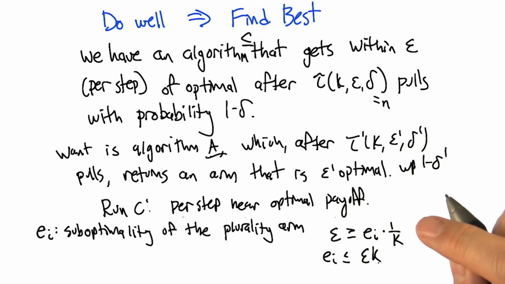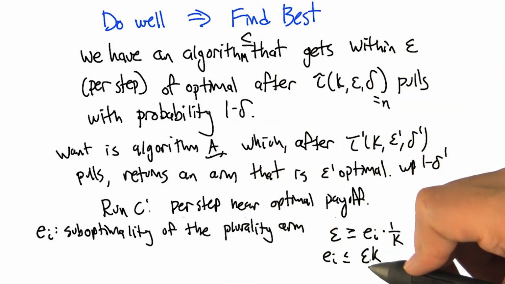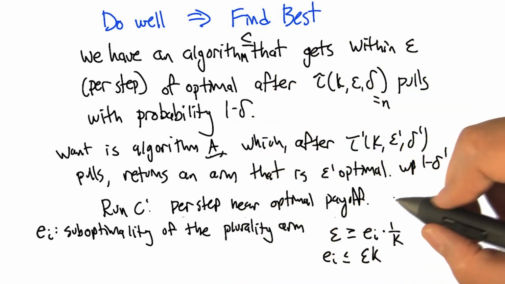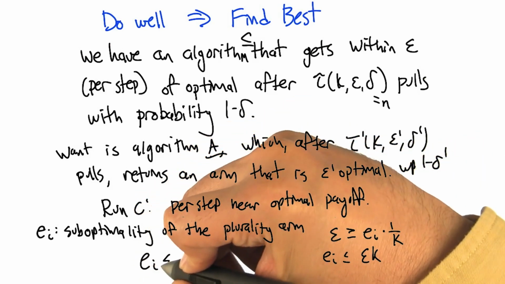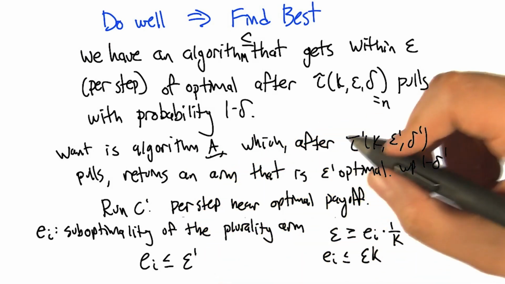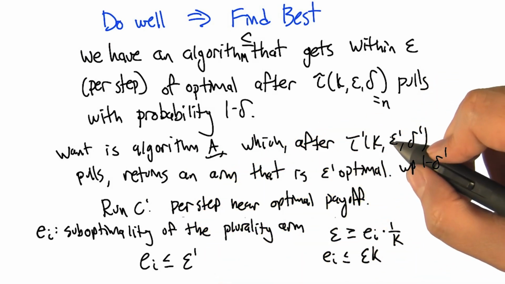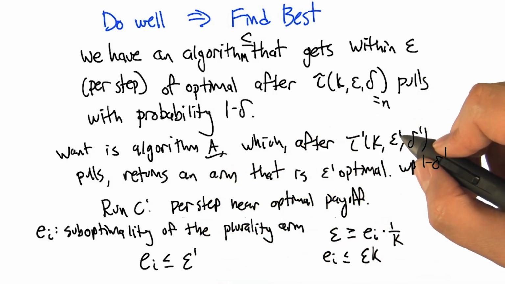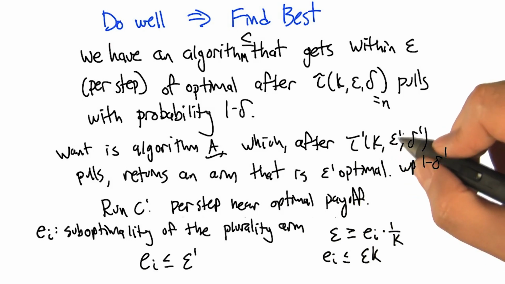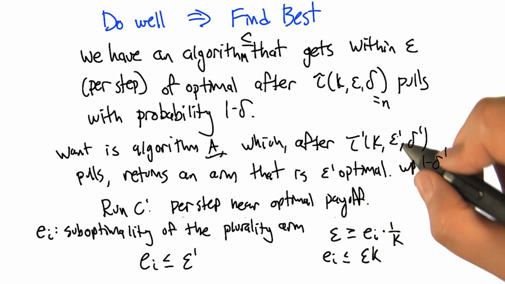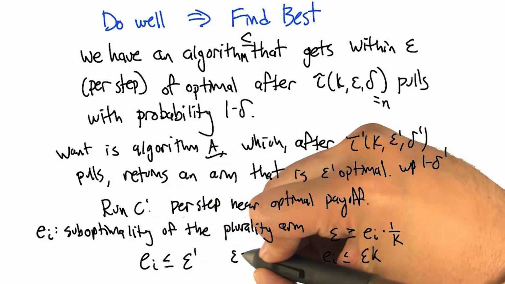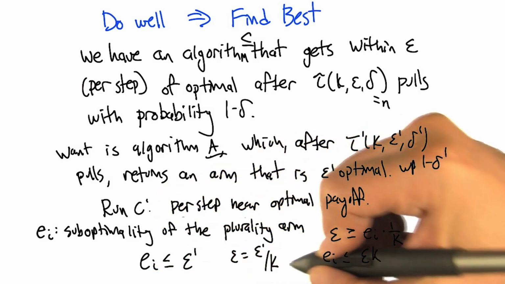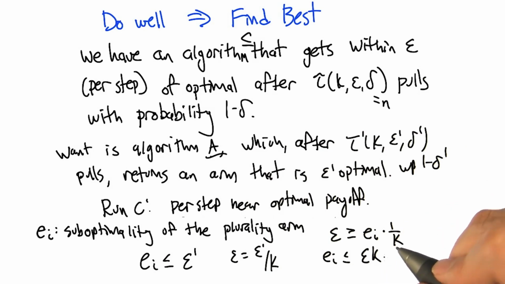But we want to set epsilon so that the suboptimality of the plurality arm is less than or equal to epsilon prime, so that's the constraint that we're given. We need to figure out a way of running things so that the plurality arm is epsilon prime optimal. So we want this plurality arm's suboptimality to be less than or equal to epsilon prime. So if we set epsilon equal to epsilon prime over k, then everything holds.